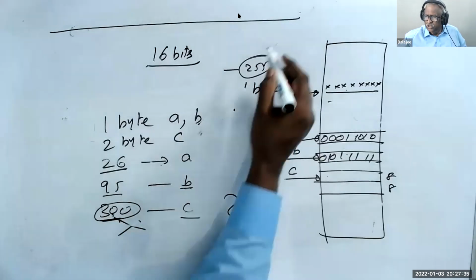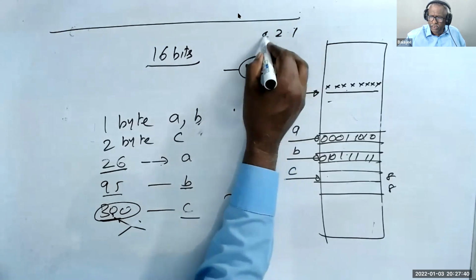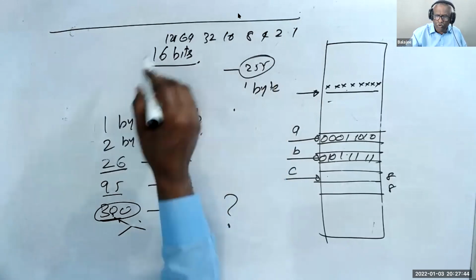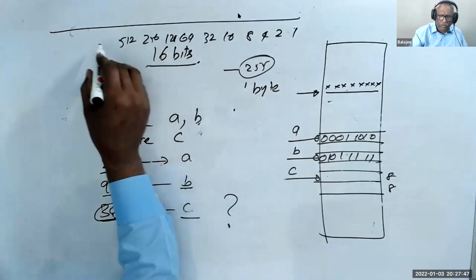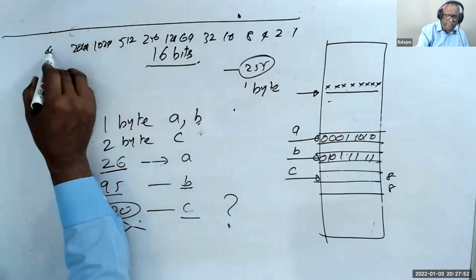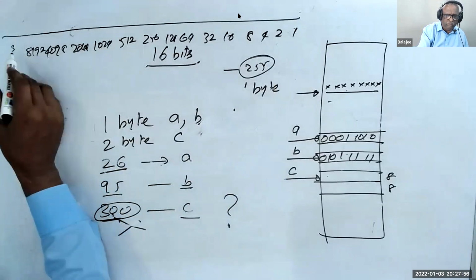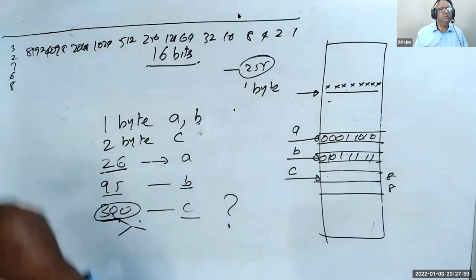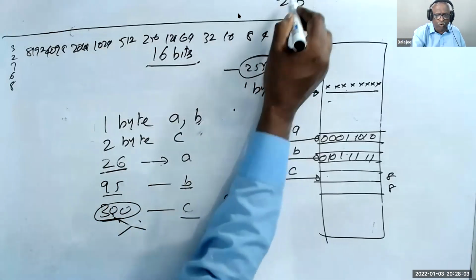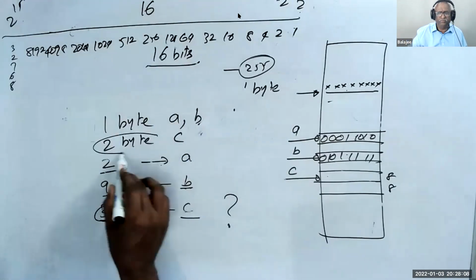Understand? So it goes 1, 2, 4, 8, 16, 32, 64, 128, then 256, 512, 1024, 2048, 4096, 8192, 32768. It goes to such a big number. This is 2 power 0, 2 power 1, up to 2 power 15, because this is 16 bit, because you allocated 2 byte.